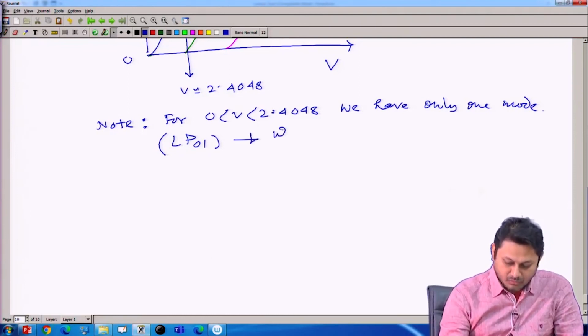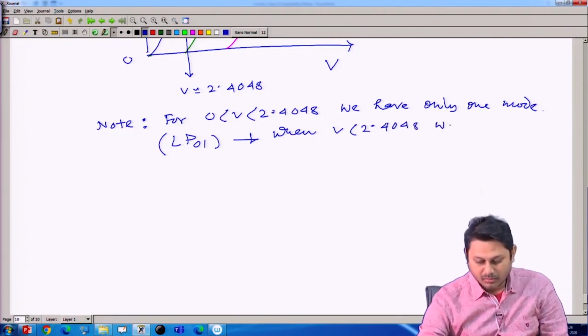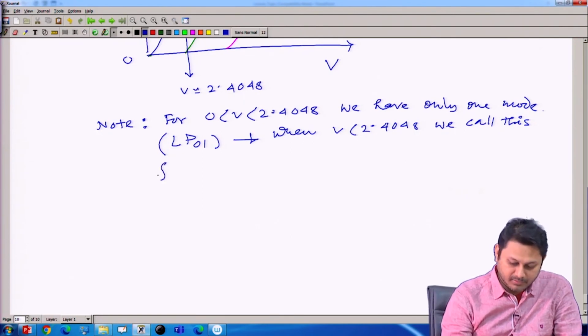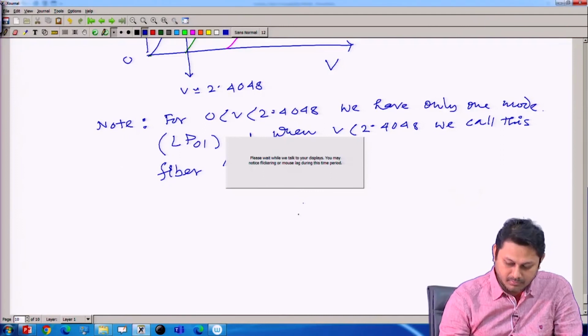So when V value is less than 2.4048, we call this fiber by a special name, called single mode fiber.